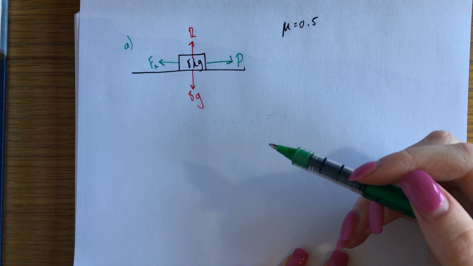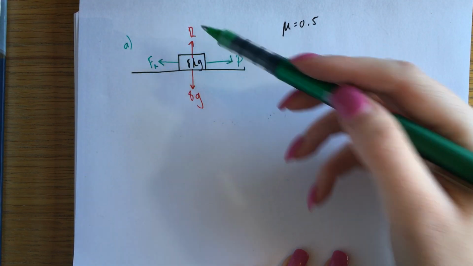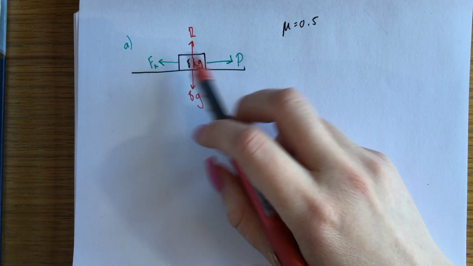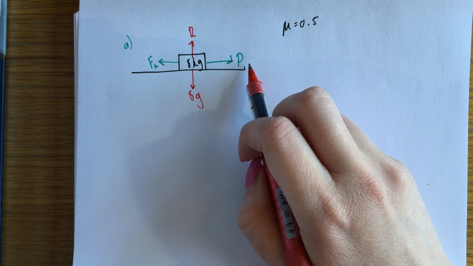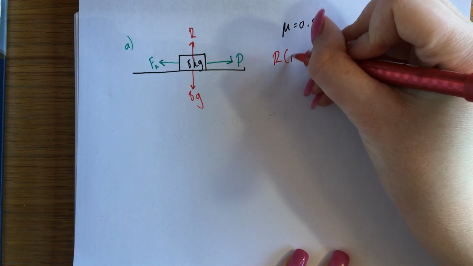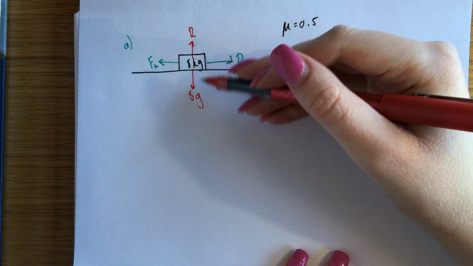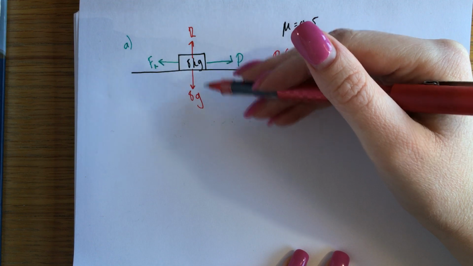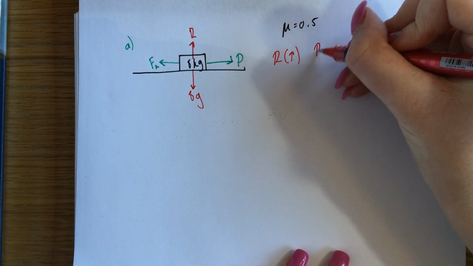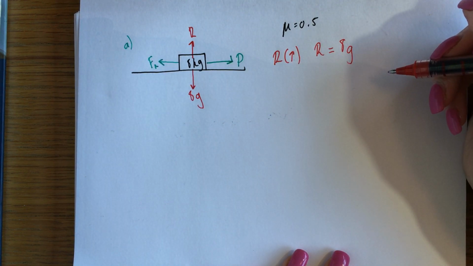So we need to work out what our normal reaction is first, before we can work out the value of friction, and then use this to work out the value of P. So I'm going to resolve vertically. Because there is no movement horizontally and there are no additional forces, then the normal reaction must be equal to 8g.